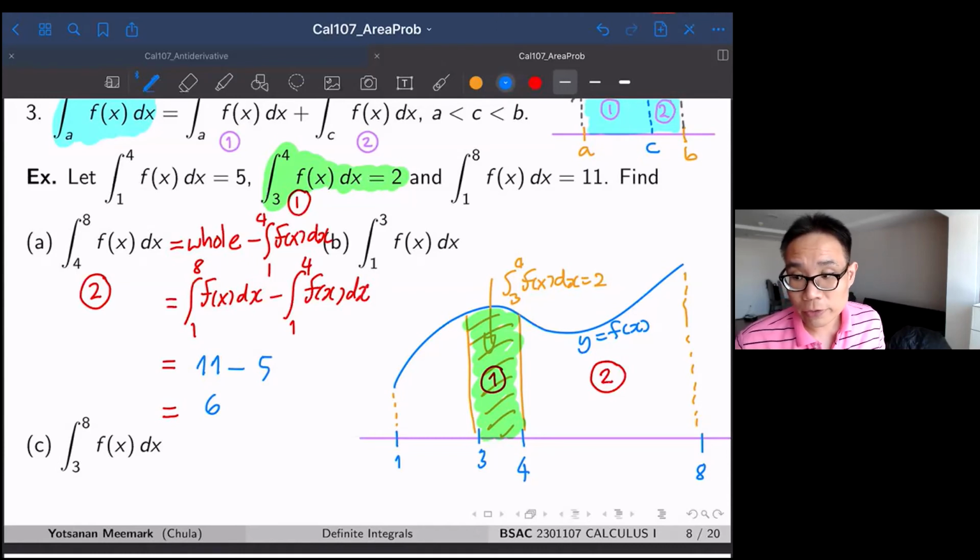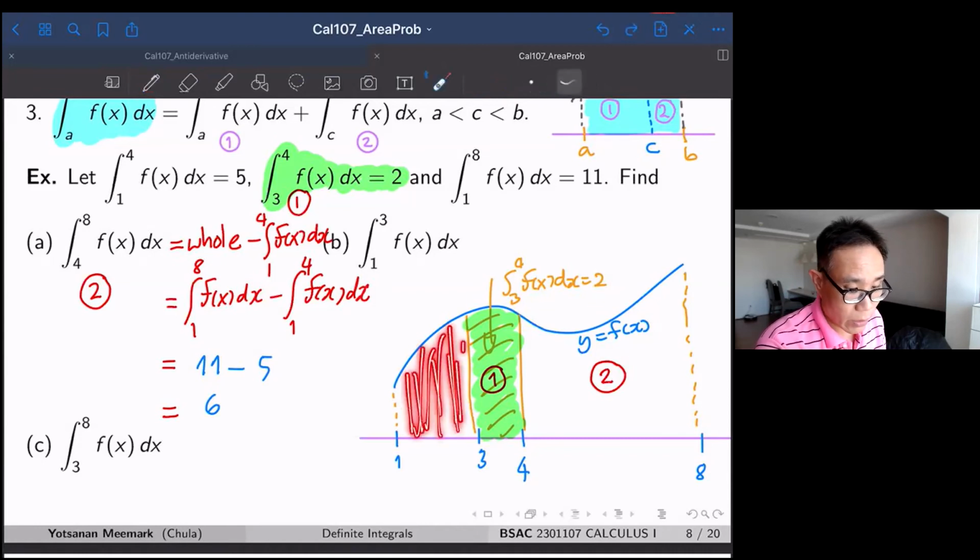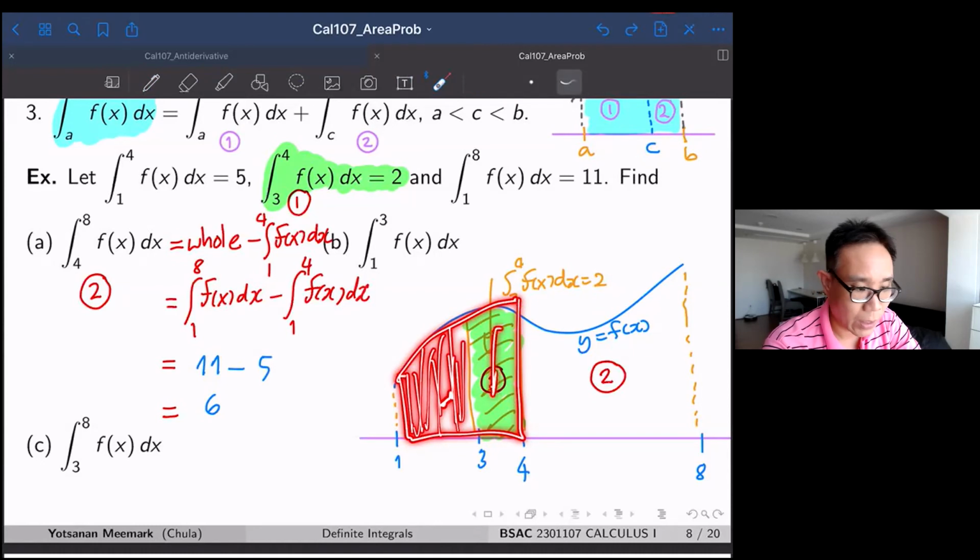Similarly, for integral from 1 to 3, if you want this area, okay, so if you want this area, it's gonna turn out to be integral from 1 to 4, subtract by the area number 1, right? So it's gonna be the whole thing, subtract by the green one.